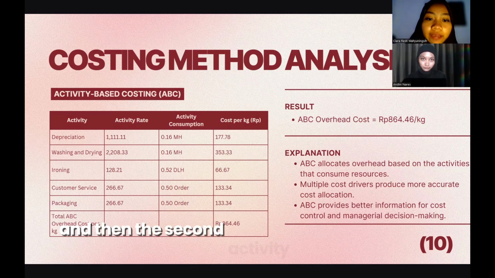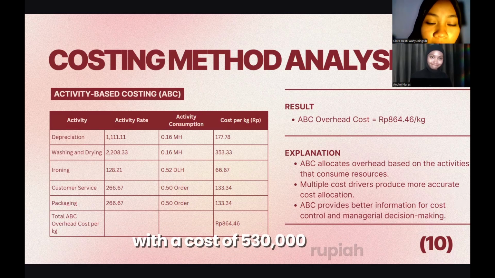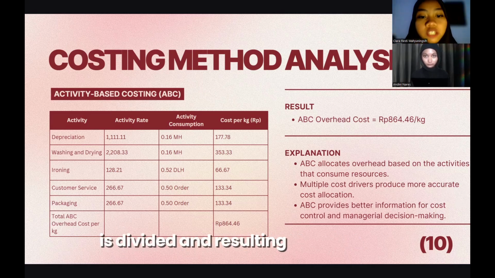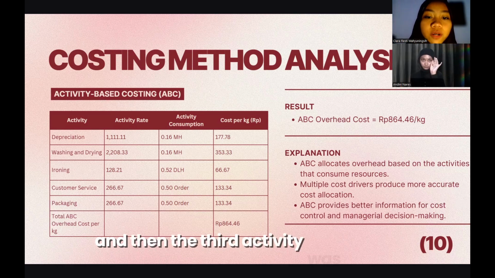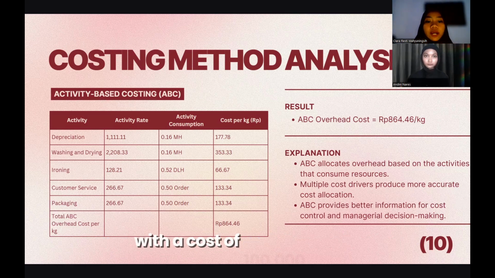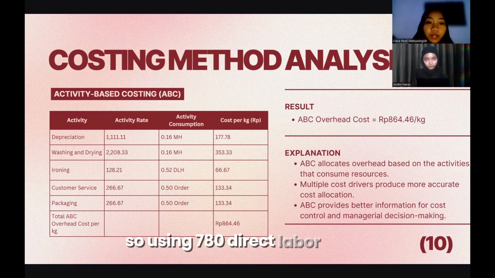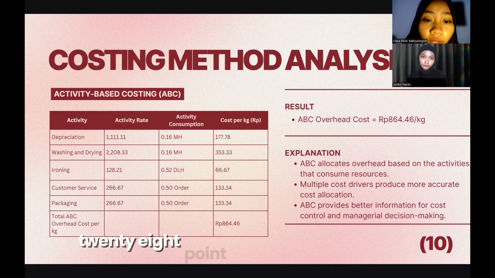And then the second activity was washing and drying with a cost of 530,000 rupiah. The cost is divided by machine hours, resulting in 2,208.33 rupiah per machine hour. The third activity was ironing with a cost of 100,000 rupiah. Using 780 direct labor hours, the activity rate becomes 128.21 rupiah per labor hour.